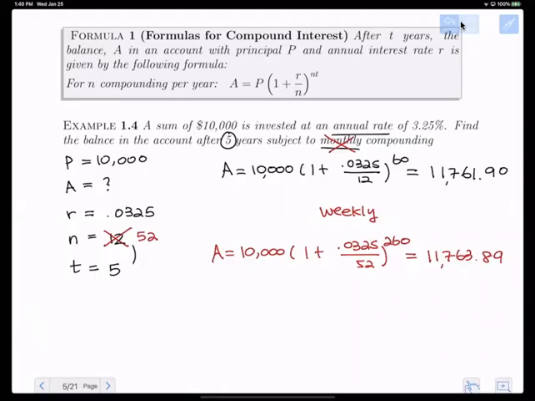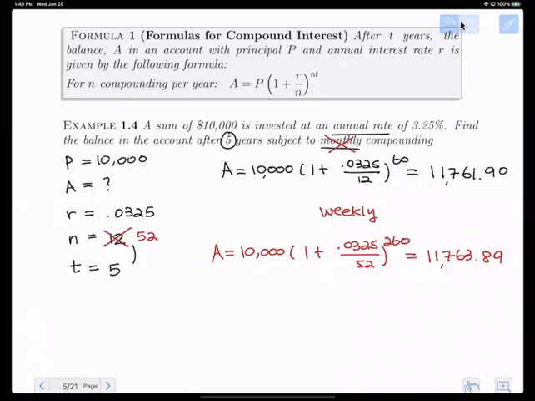The first week we get interest on the original. The second week we get interest on the original plus the first week's interest. And the third week we get interest on the original plus interest on the first and second weeks' interest. And then they keep adding on this. So you get more interest on interest.